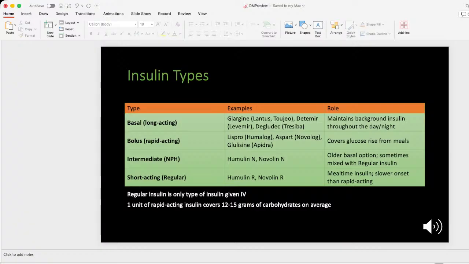I do want to list here in reference, this might be different from what you all see: 1 unit of rapid-acting insulin covers 12 to 15 grams of carbohydrates on average. I also want to note that sometimes patients have low blood sugar.